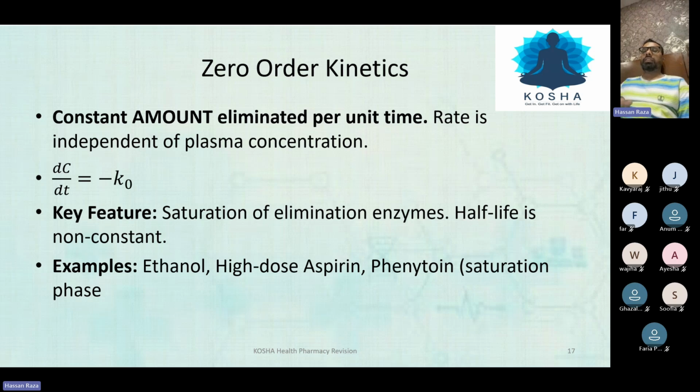That is why in any pharmacology book, zero order is explained as: if the amount of elimination of the drug is constant, the kind of elimination is called zero order. Aspirin and phenytoin are examples which follow zero order elimination.